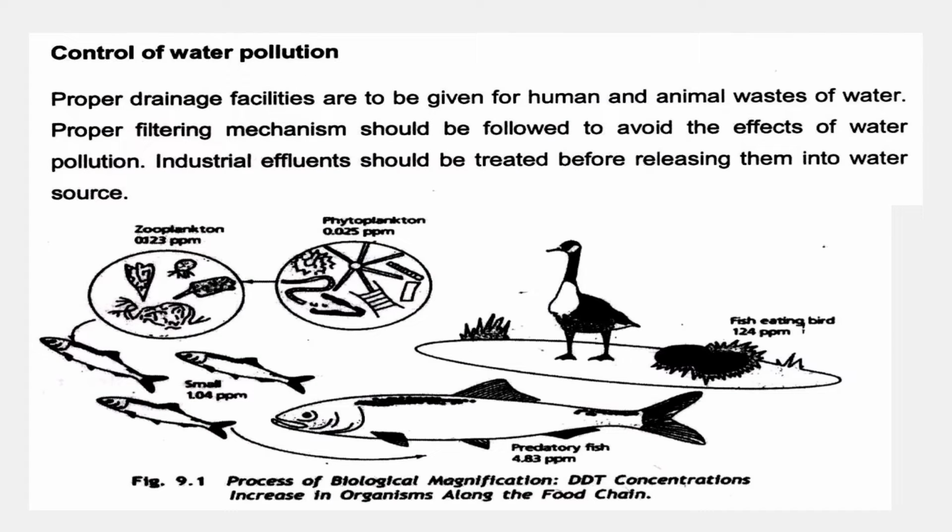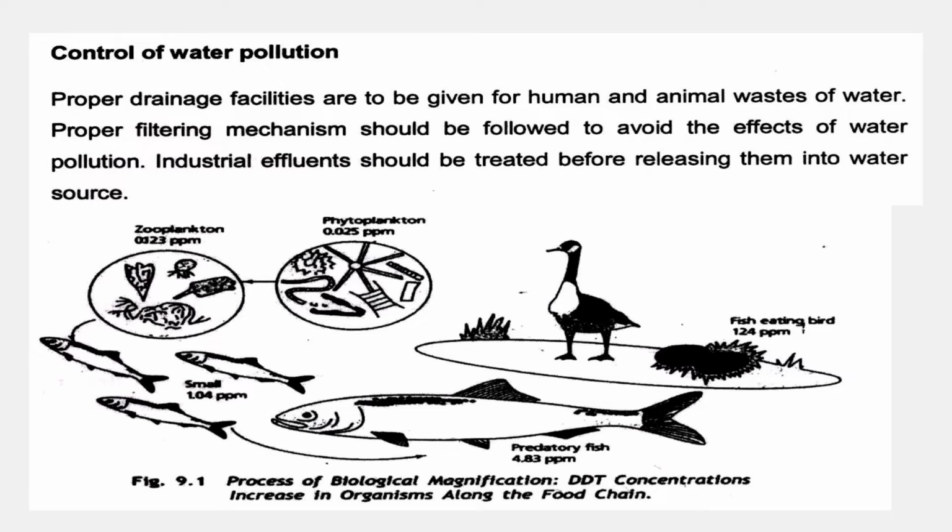Now here, this is control of water pollution. This content is also given in our textbook. Proper drainage facilities are to be given for human and animal waste of water.